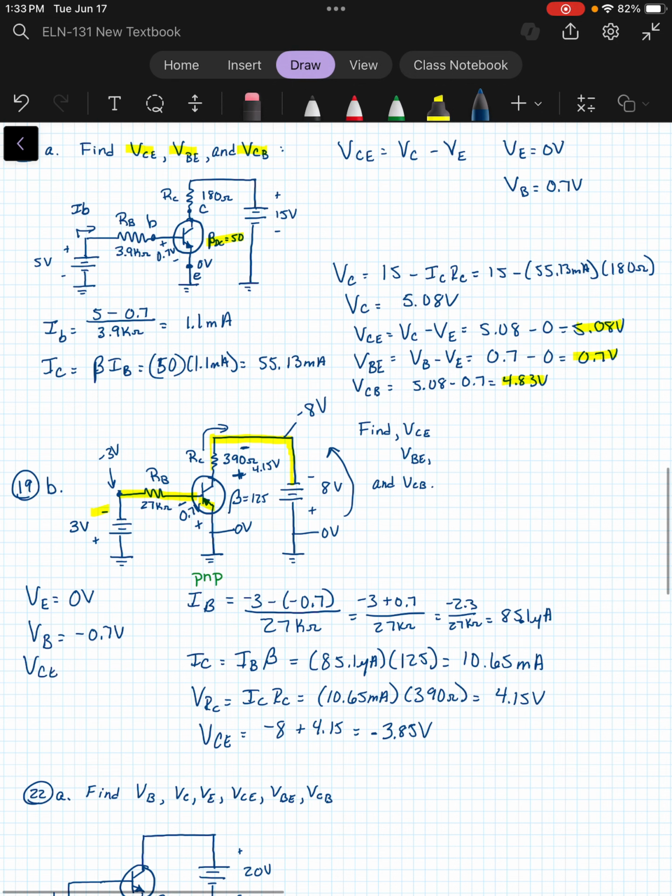And at VB, we have minus 0.7. So VCB would be about 3.15. Okay, so a couple more problems here.